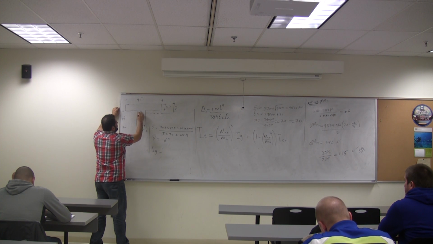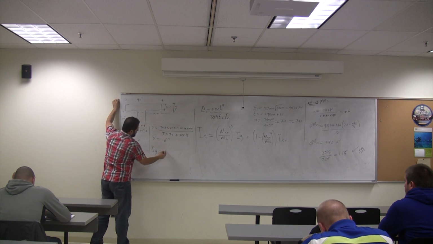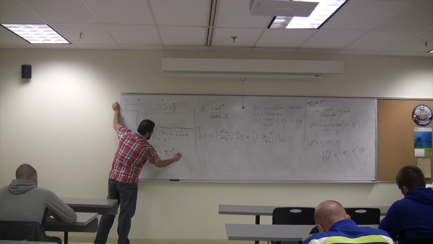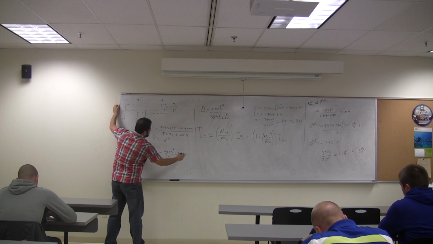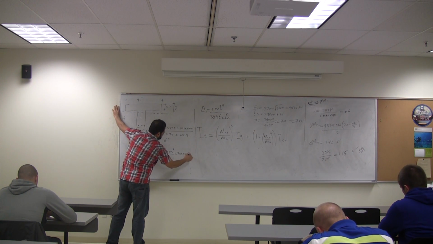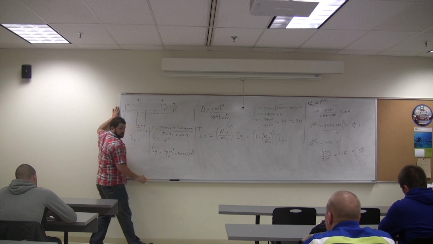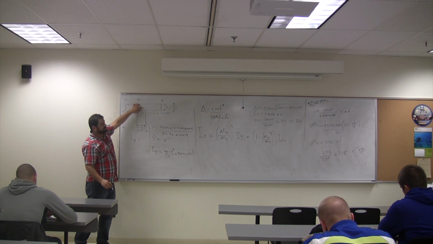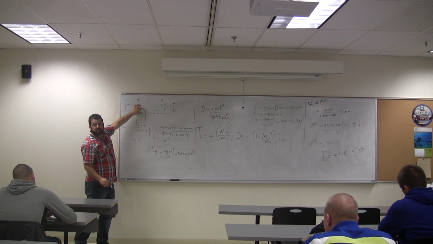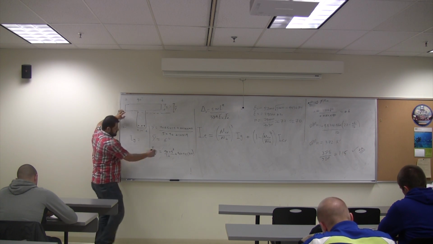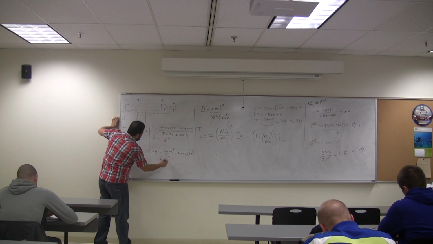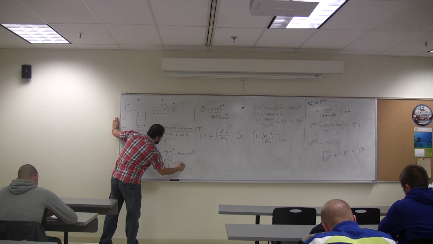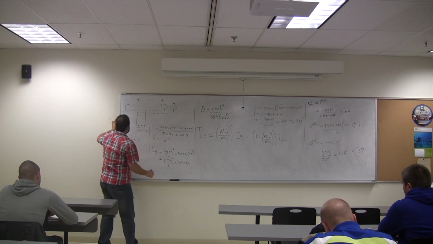Look, we're going to do the same thing, the two components that we did. 90 times 5 cubed over 12 plus 90 times 5 times, a lot of guys now will just get stunned, it's quick, 2.5 plus 1. That's the distance between the two. This is the parallel axis theorem. Plus 10 times 19 cubed over 12 plus 10 times 19 times.